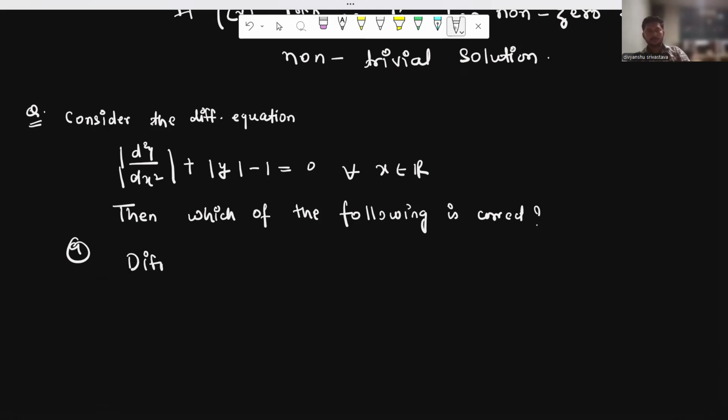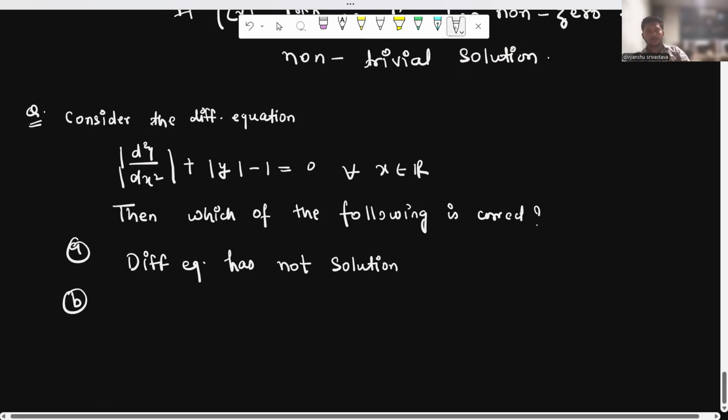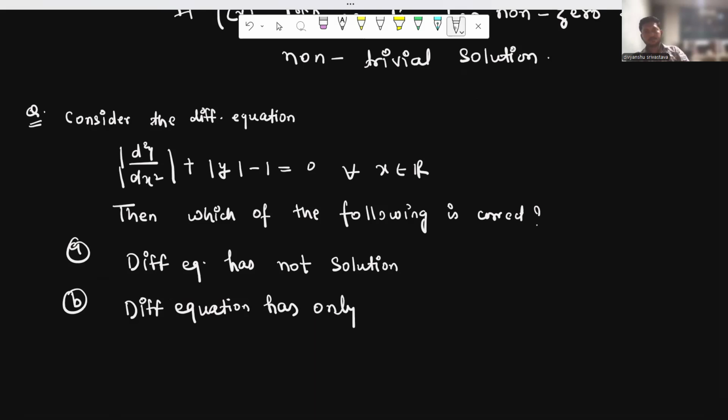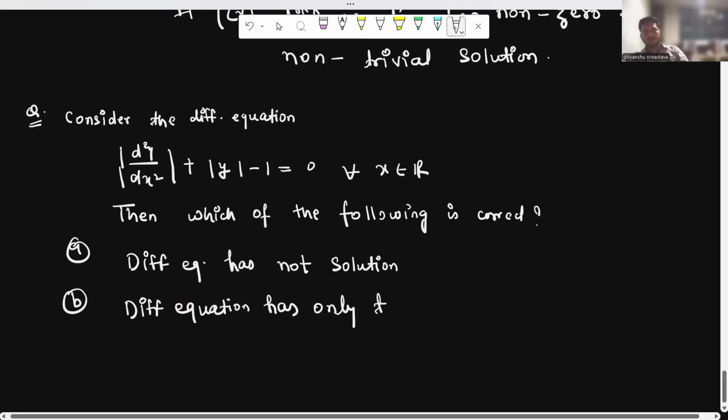Okay. So your option A is: the differential equation has no solution. B option is: the differential equation has only a trivial solution.